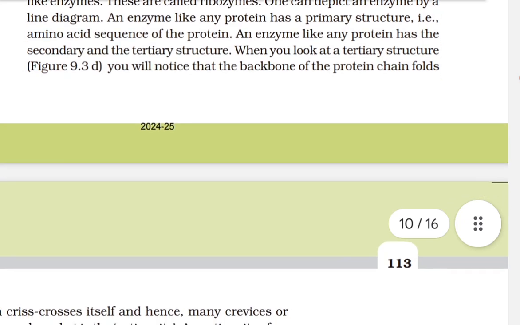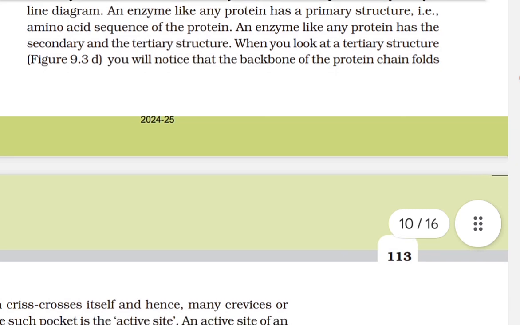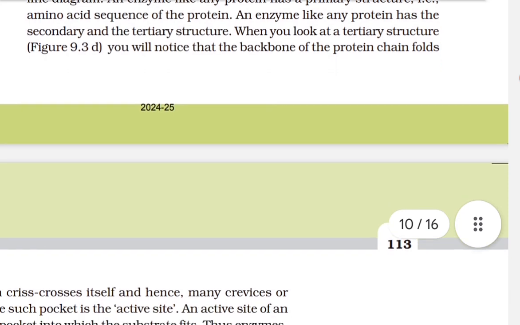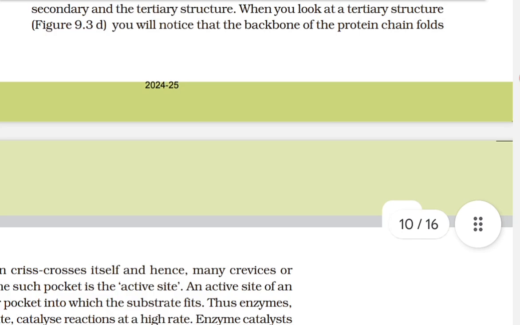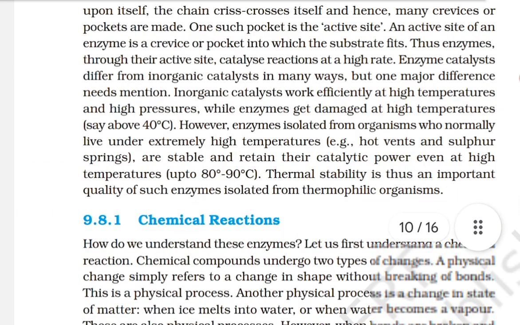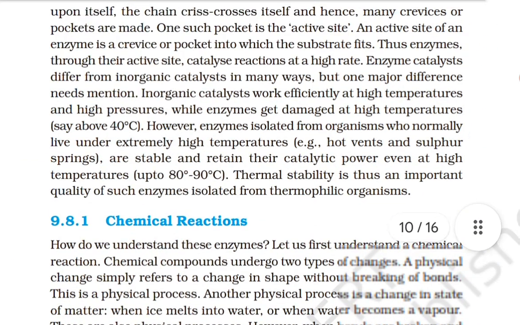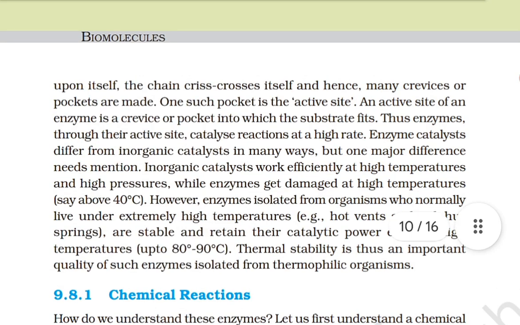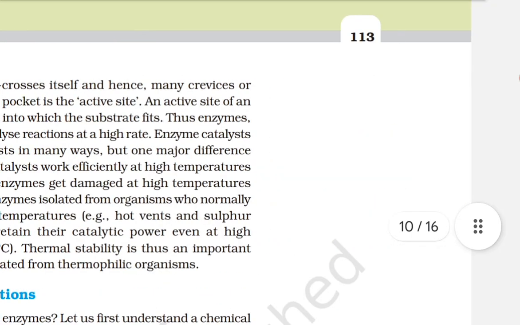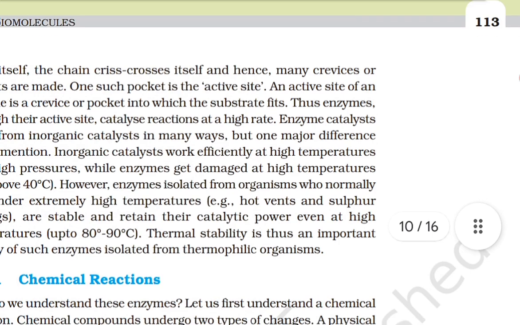For example, CO2 plus H2O in the presence of carbonic anhydrase gives H2CO3, that is carbonic acid. In the absence of any enzyme, this reaction is very slow with about 200 molecules of H2CO3, that is carbonic acid, being formed in an hour.